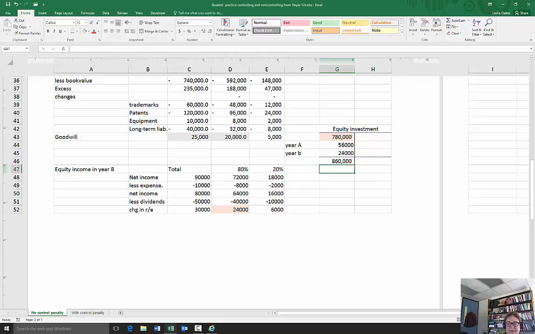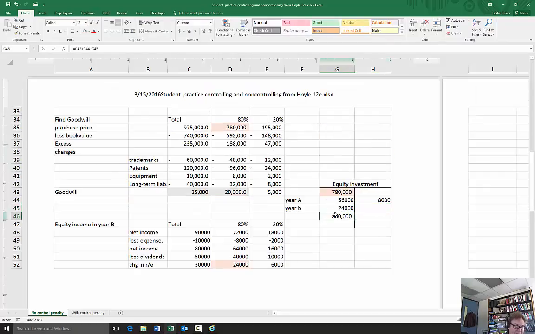of $860. So we're missing one thing. Don't forget that we have to do 80% of that 10,000 up here as well. I forgot that one.